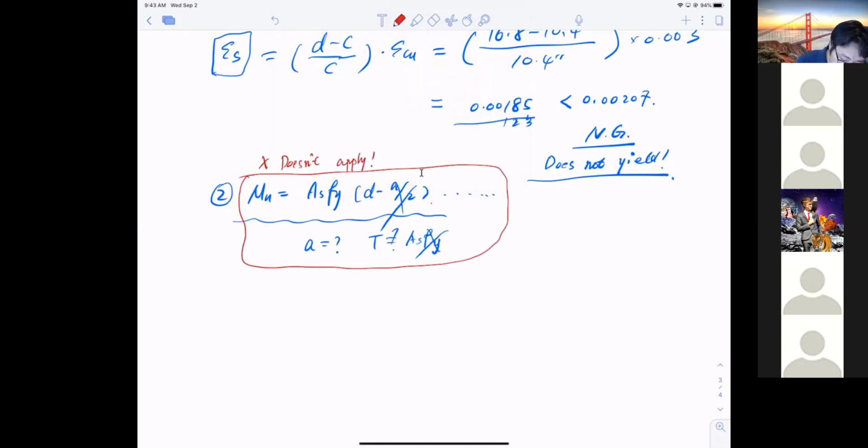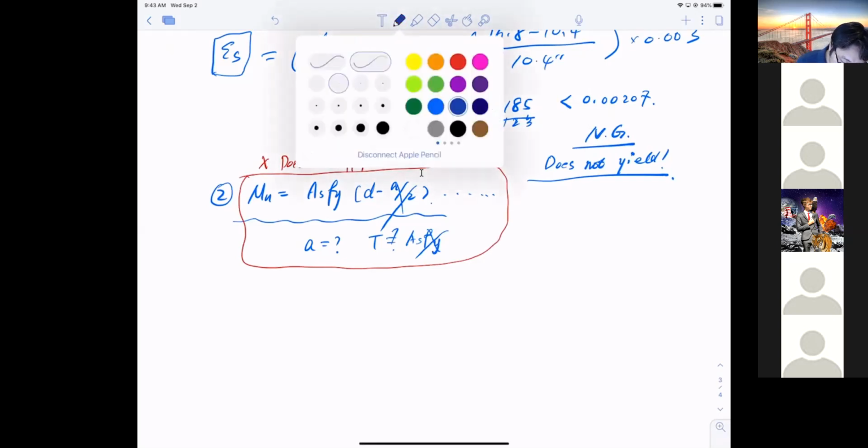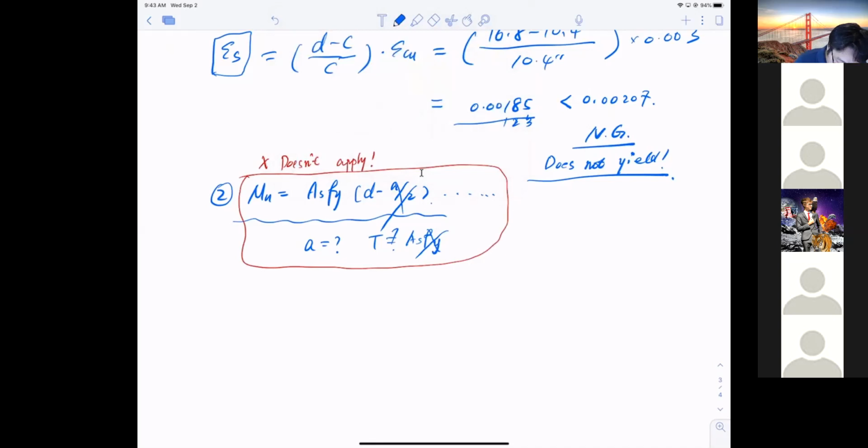Okay, so I'm going to use the old equation to figure this out, right? So now I know tension equals As times fs instead of fy. I don't know if it's going to yield or not. This is not yielding, so I don't know the stress. So I'm going to write it out as As Es, the modulus of elasticity for the steel, multiplied by epsilon s.